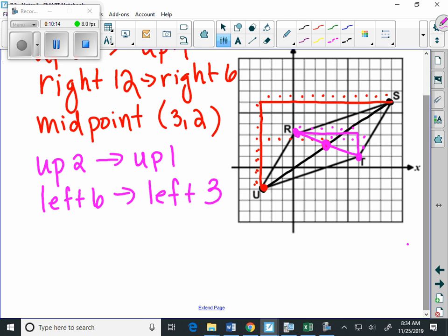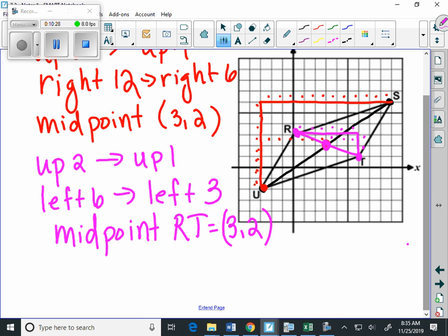Sure enough, the midpoint of that diagonal, I'm going to put midpoint of RT, I'm going to label a little bit better, also equals 3, 2. Then add in here midpoint of our original diagonal, which was the US. And now we've shown that the diagonals have the same midpoint.